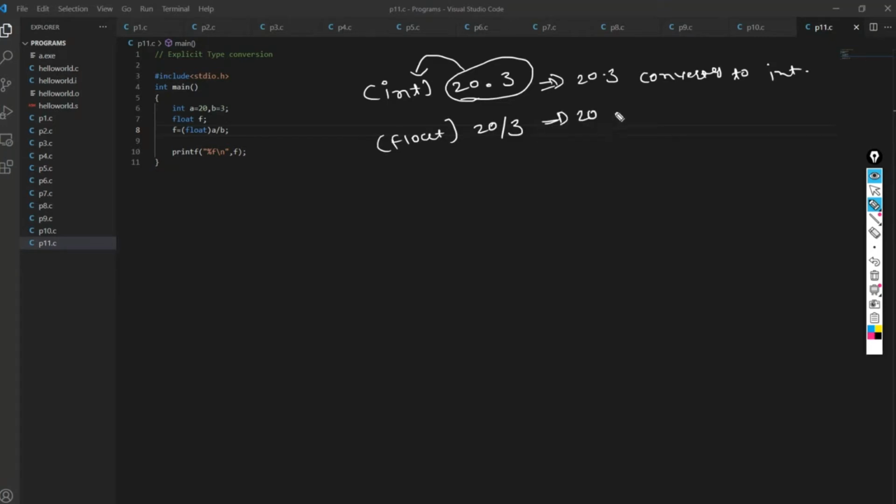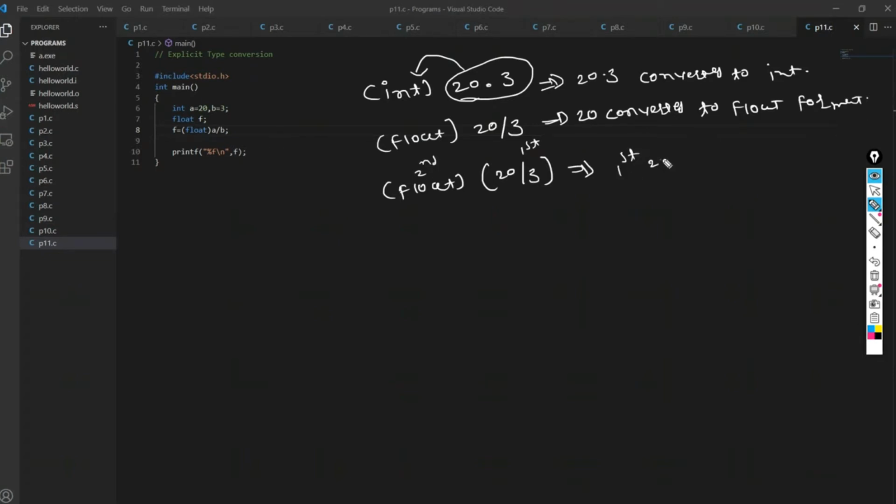Here 20 is converted to float format. So this is similar. First priority is 20 divided by 3, and second priority is float. So first 20 divided by 3 is 6, and second it is converted to float.